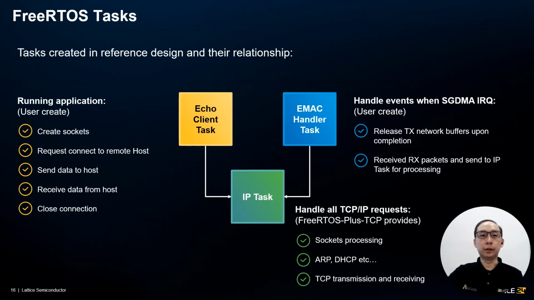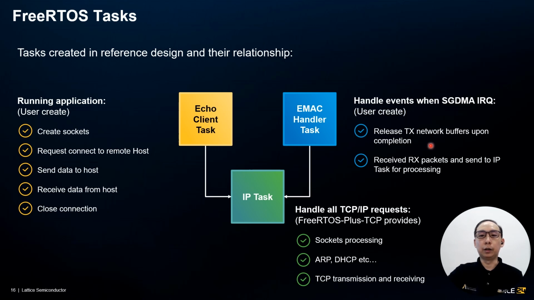This diagram shows all the tasks that have been created in this demonstration as well as their relationship. On the left is the echo client task, which was discussed in the previous slide. To quickly recap, this task creates sockets, connects to the server, sends and receives data, and finally closes the connection. On the right is the Emac handler task. This task handles the events when the DMA and Ethernet interrupts are triggered.